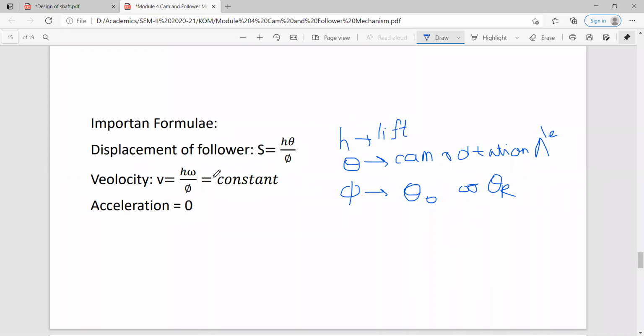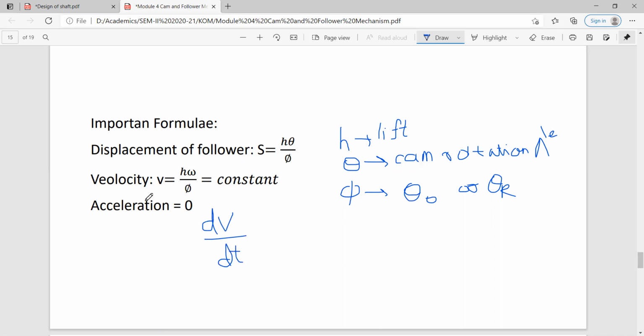Okay. So you can see that velocity is constant because we are discussing the case of constant velocity motion. So if velocity is constant, what is the acceleration? Acceleration is the rate of change of velocity. But there is no change in velocity.